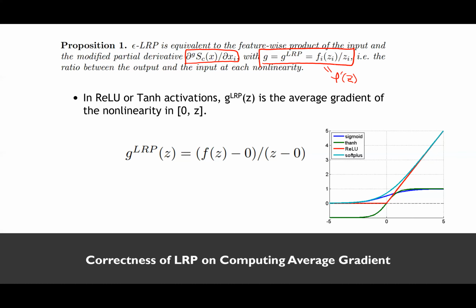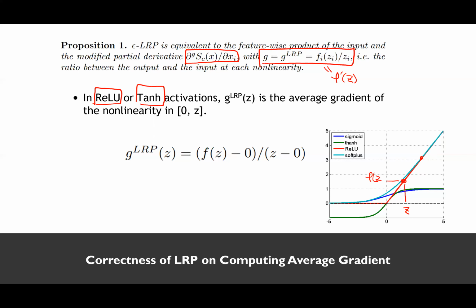We approximate this. So when we use the ReLU function or hyperbolic tangent, f is the activation function, and if we take any gradient here, then when f is ReLU, this is g.